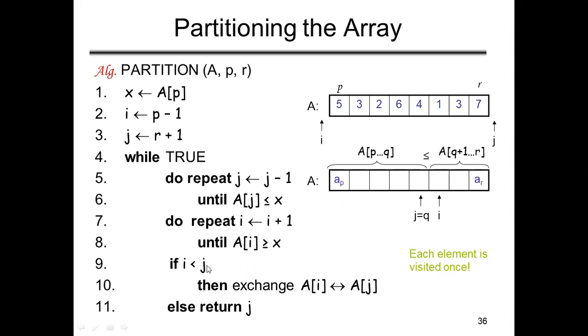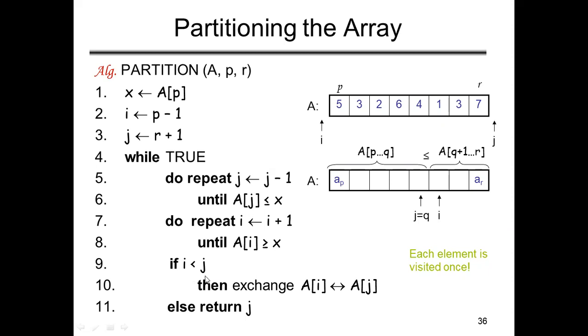If I is less than J, then exchange A of I and A of J. Else, return J, the index J. That means I is greater than J. What is the meaning of I greater than J?